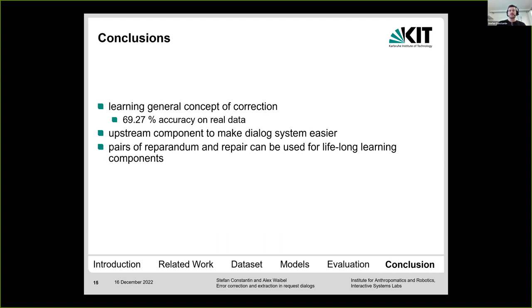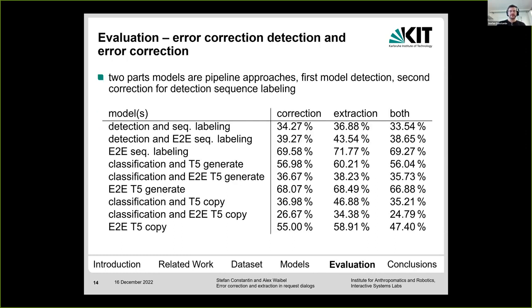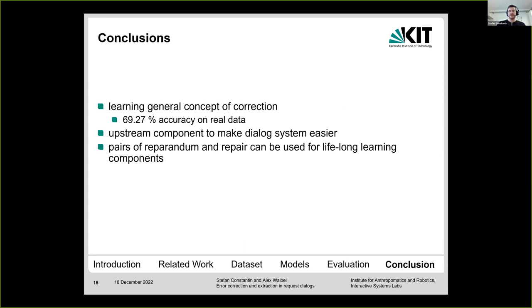The result on the human-generated real-world data with 69.27%, which was the error correction detection and error correction evaluation with the end-to-end sequence labeling approach, shows that the proposed component is learning the concept of corrections and can be developed to be used as an upstream component to avoid the need for collecting data for request corrections for every new domain.